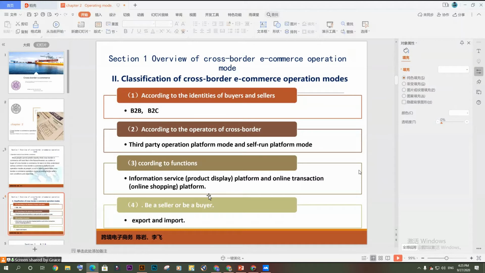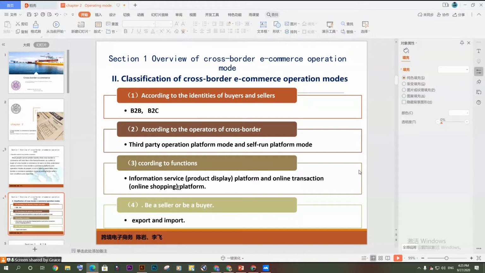Okay, let's go back to assignment 1. I just asked you to write some names of cross-border e-commerce platforms. And maybe in that assignment, I just meant the online transaction platform.